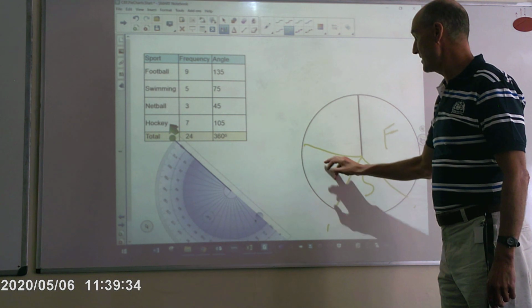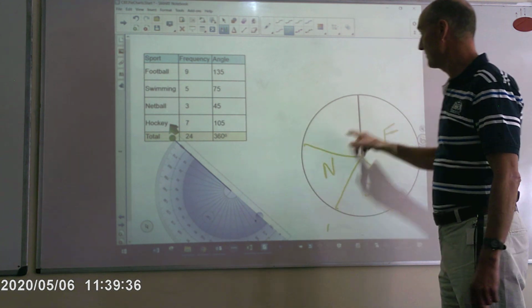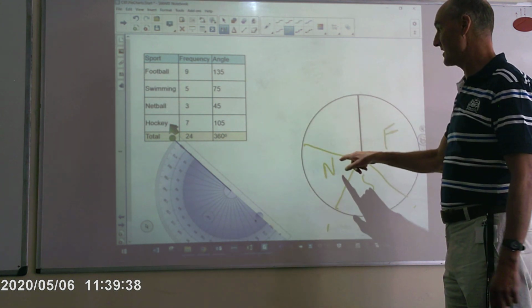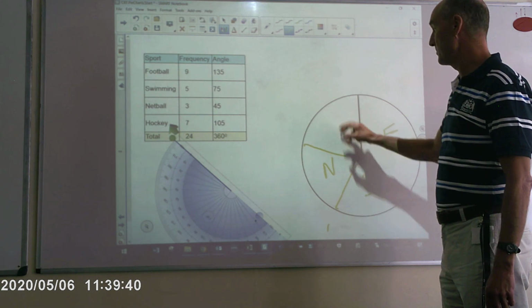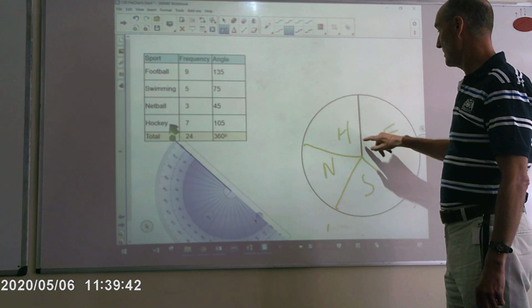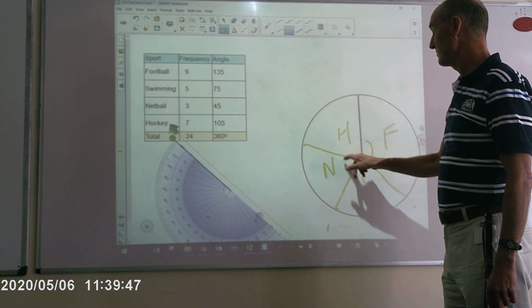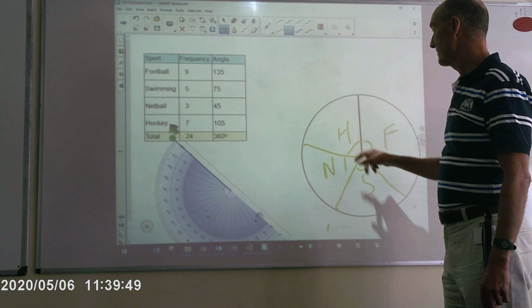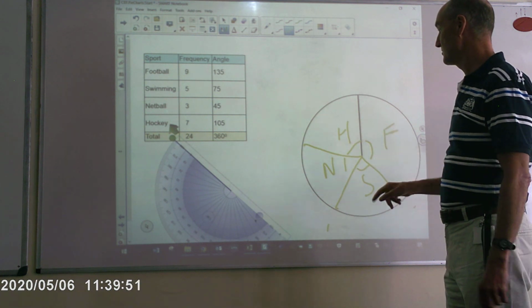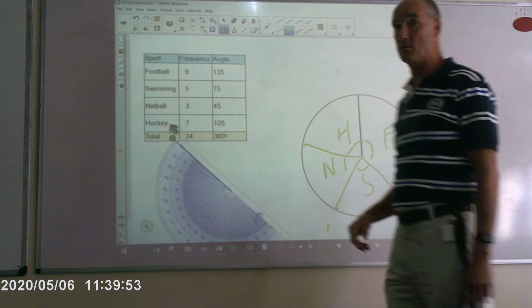That would be my netball, and it should leave me with about 105 degrees. I haven't drawn that particularly accurately, and that will be my hockey people in there. So 135 degrees, 75 degrees, 45 degrees, 105 degrees, gives us my 360 degrees, and that is my pie chart completed.